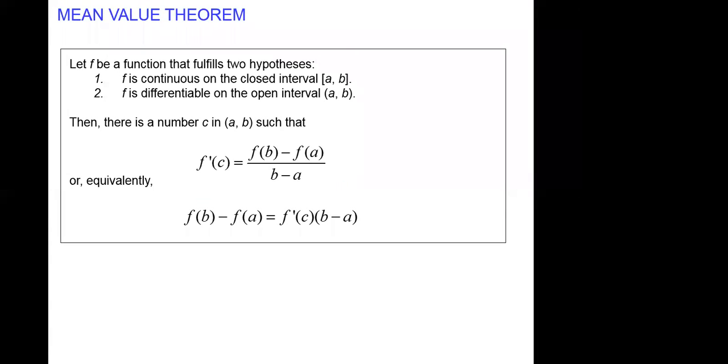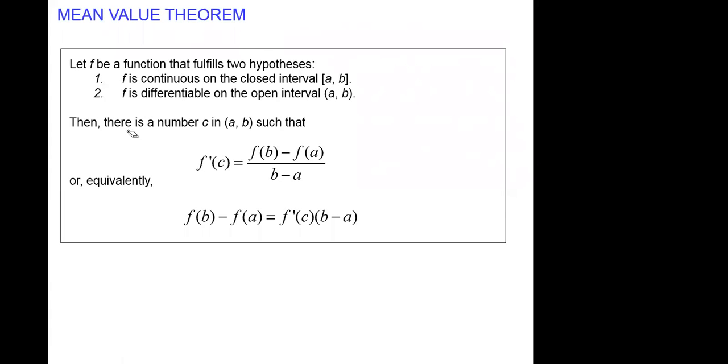First of all, I can tell you that the mean value theorem is almost the same as Rolle's theorem, but let's see what the difference is. Again, we need a function to be continuous on the closed interval and differentiable on the open interval.